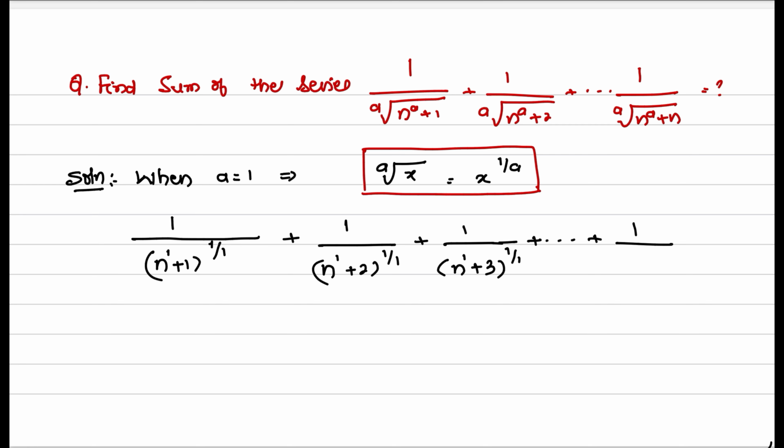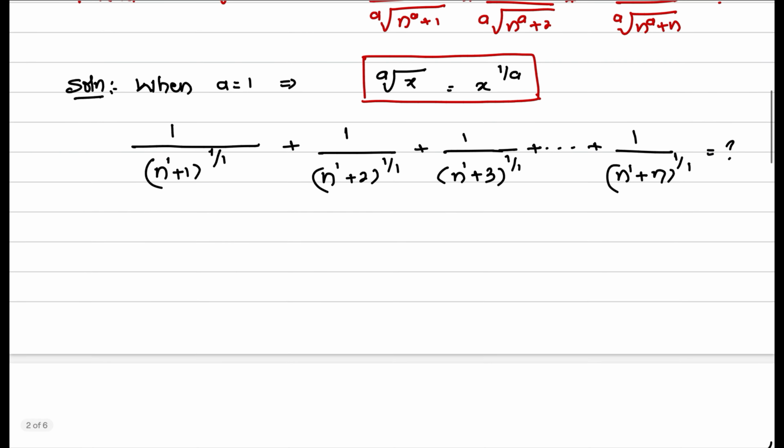Then a is equal to 1, it is taken as the a-th power meaning 1 by a. A is equal to 1 means 1 by 1. n to the power of 1 plus n to the power of 1 by 1 is equal to how much?